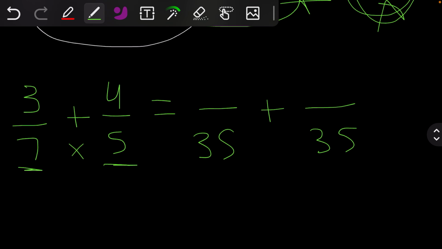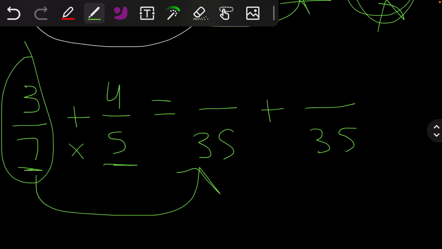And looking at this first fraction, 3 over 7, we started with a denominator of 7, and we ended up with a denominator of 35. So we scaled up this denominator by 5, so we have to do the same for the numerator, 3. Scale that up by 5, which is going to give us 15.